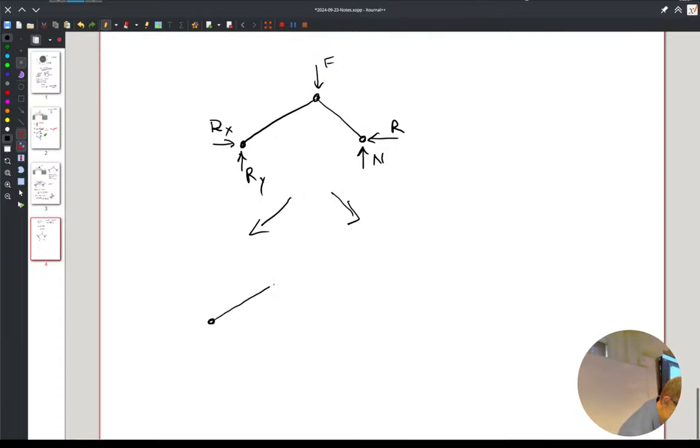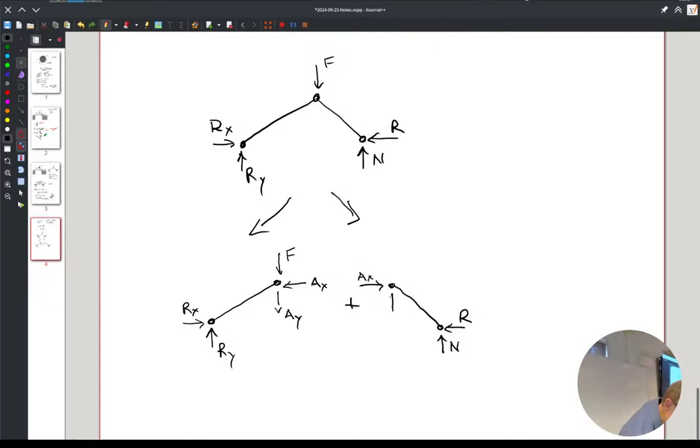So I could take these two parts and say there's an F here, some kind of AY and an AX. I still have RY and RX. Then I add another one, still have N, and I still have R. This AX was pointing left, now it's pointing right.